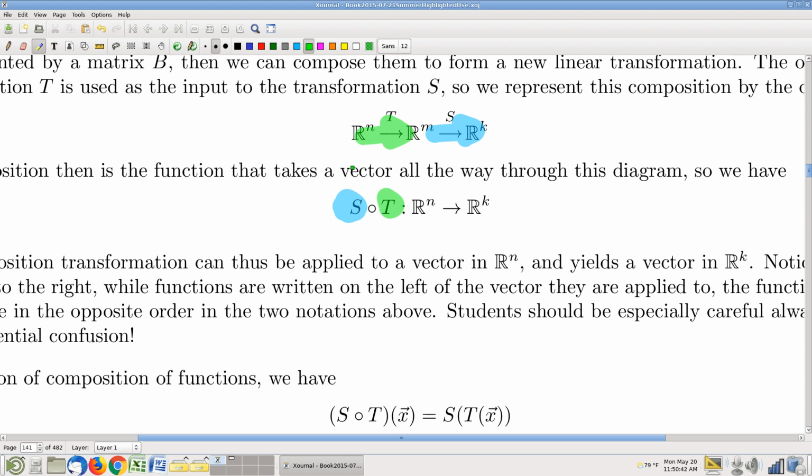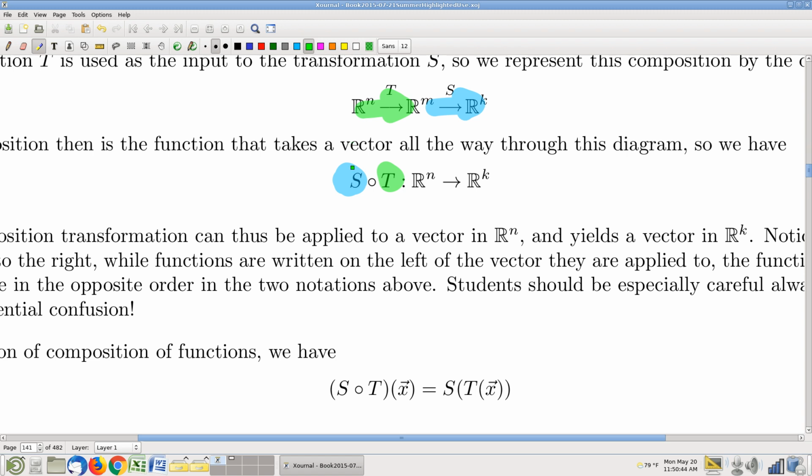It's got to be this way, because look at how we actually do a composition. Very importantly, when you do a composition, the first function to act on X has to be the one that's written on the right in the algebra, but it also has to be the one that's on the left in the diagram. This is a left to right culture. Our arrows go to the right.